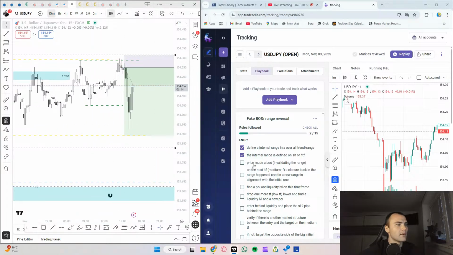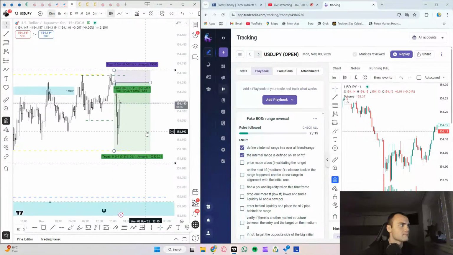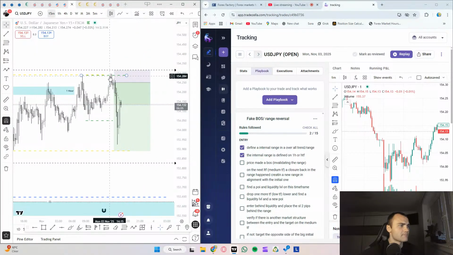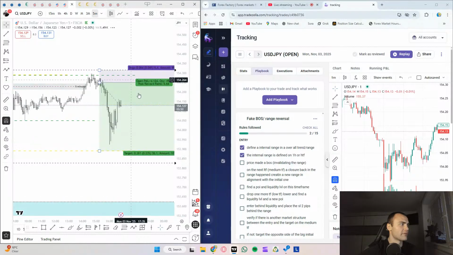Yeah, very good. The price made a break of structure invalidating the range, right? It made a break of structure here. On the next lower time frame, or basically medium time frame, a closure back in the range happened. I'm going on 5 minutes.